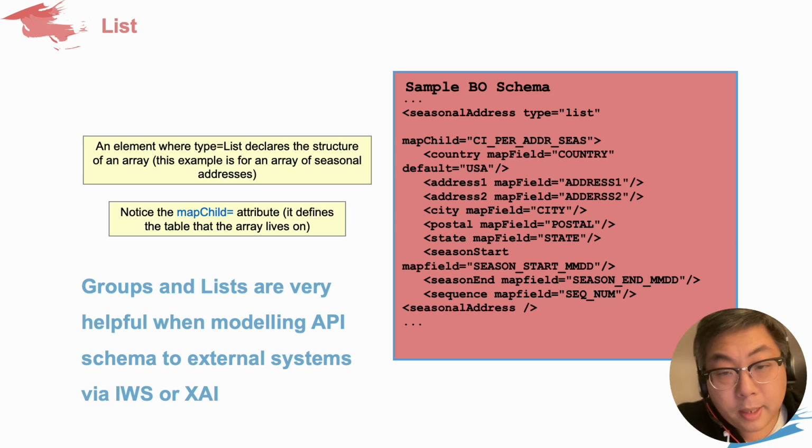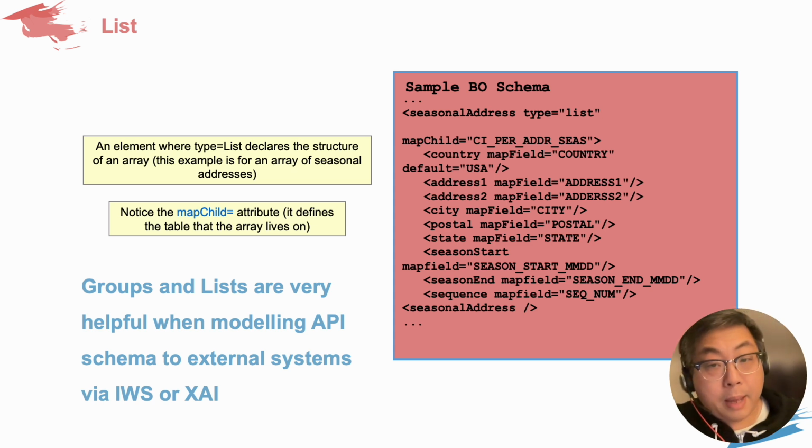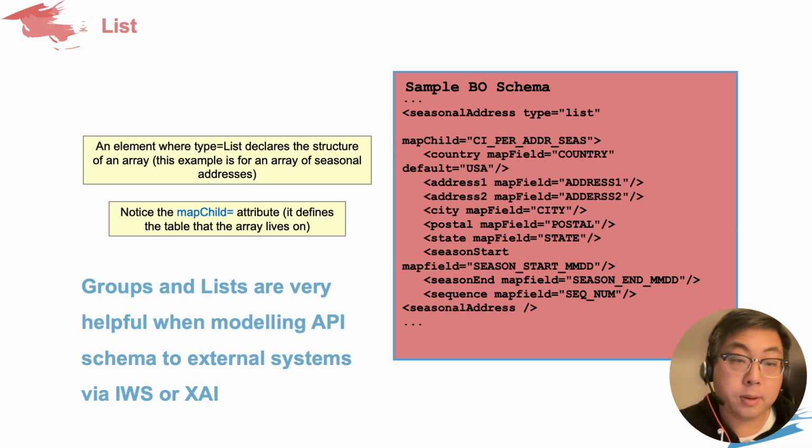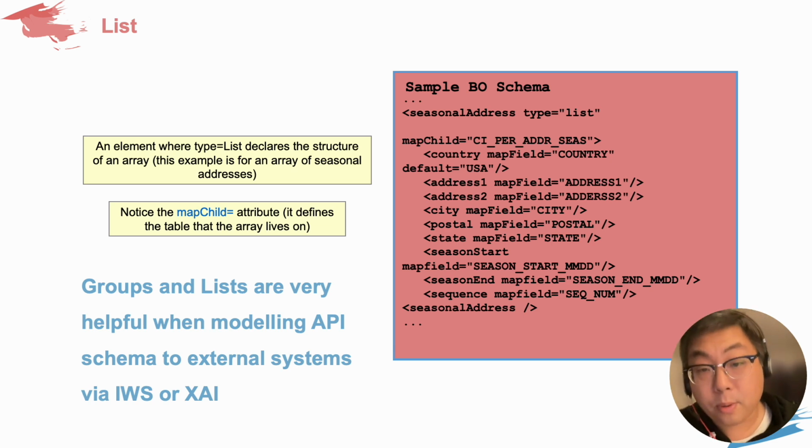I would like to mention a use case for the group and the list. With the flexibility of the schema design, as we can see, you can have a single level schema mapped to multiple physical tables, and you can have multiple levels of schema structure mapped to a single table. For example, using the CLOB, we can actually match the external system. Sometimes we need to make sure the structure of the payload matches the industry standard.